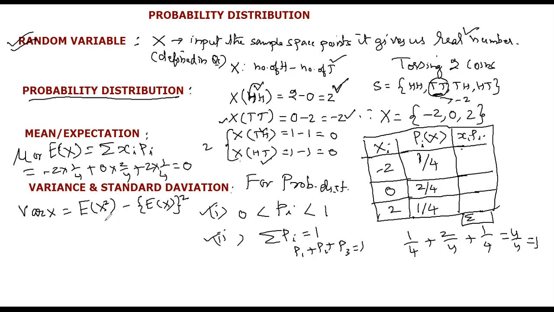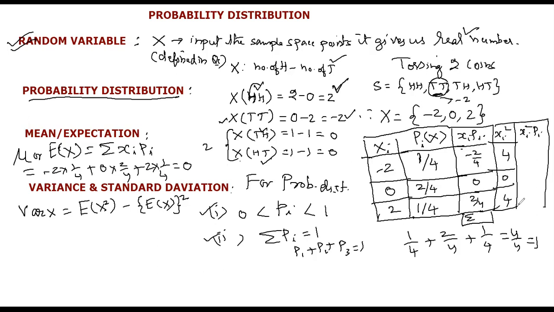So what is E(x square)? First find xi square. Here you are getting minus 2 square is 4, 0 square is 0, and 2 square is 4, and this will be xi square pi.